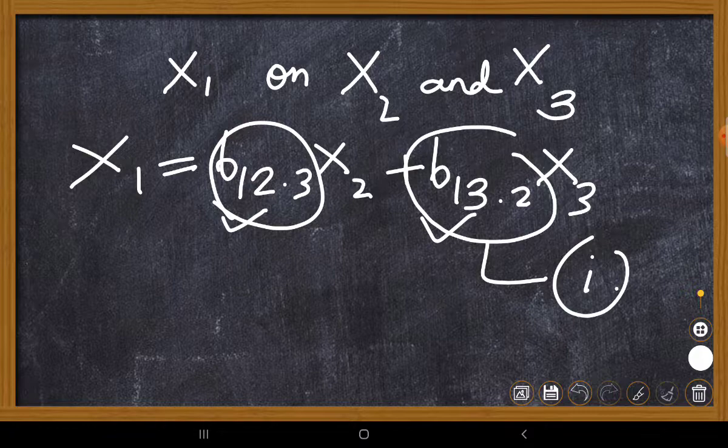Since these two coefficients are supposed to be constant terms, we can estimate them. So how do we determine or estimate these constants?